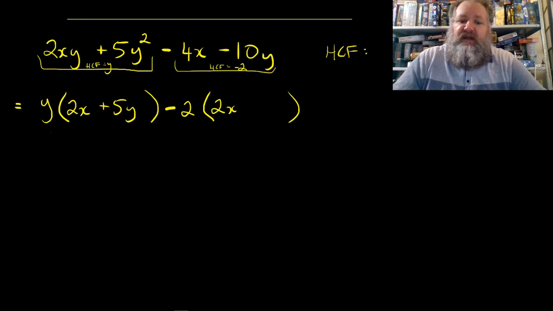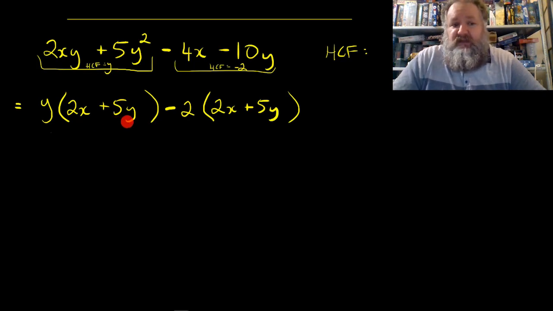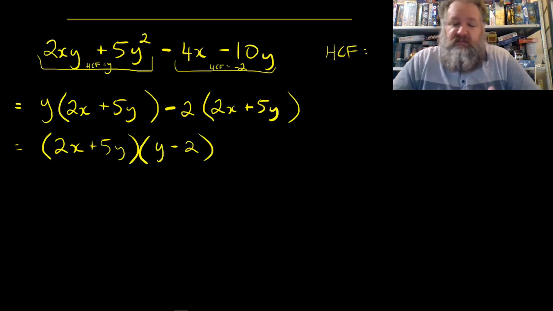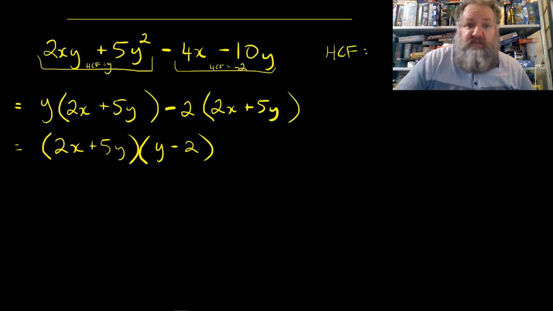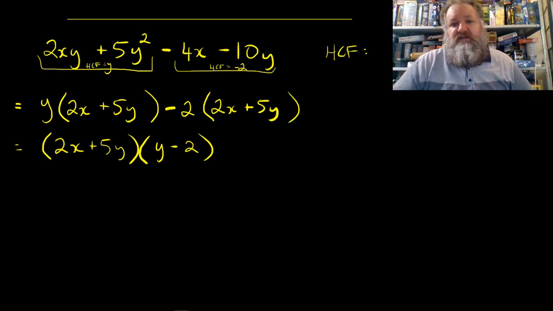And I have -10y being divided by -2, and a negative divided by a negative is a positive. It'll be +5y. If you've done this right, you will end up with the same coprime terms inside of these brackets so that you can bring them out as a common factor. When we recombine and rewrite them, we end up with 2x plus 5y in brackets outside of y minus 2 in brackets.